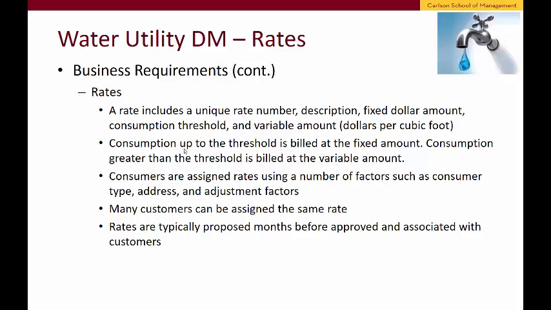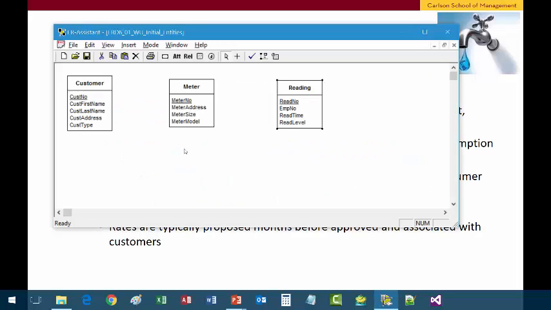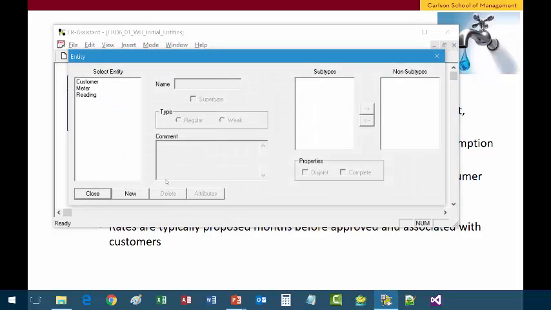So again, the rate entity has a rate NO as a primary key, description, fixed amount, threshold, and variable amount as attributes. So let's switch back to the diagram.